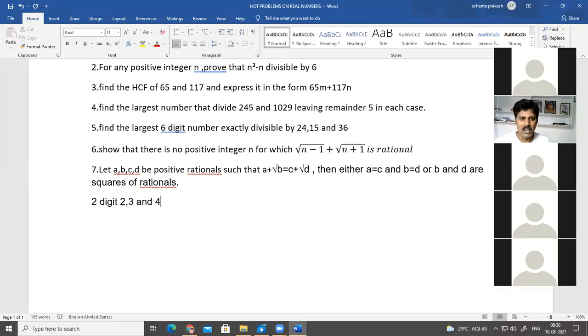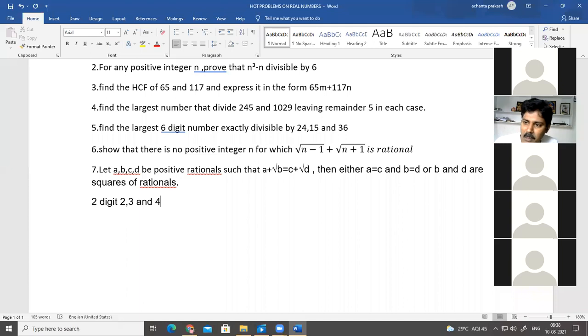Numbers divisible by 2 are even, but numbers divisible by 2 are not always divisible by 4. So I have to find the common multiple of 2, 3, and 4. Because if it is a common multiple of 2, 3, and 4, definitely it is divisible by 2, 3, 4. That is the case in multiples and factors.